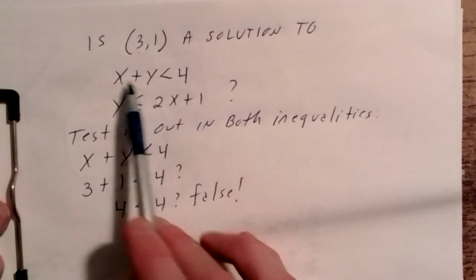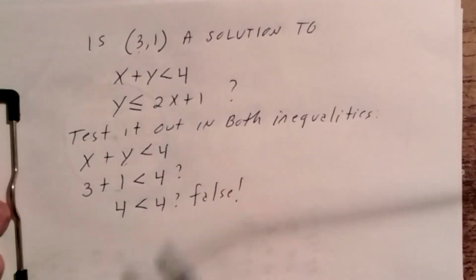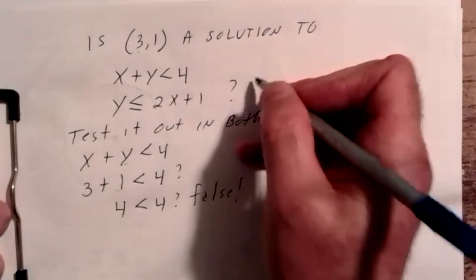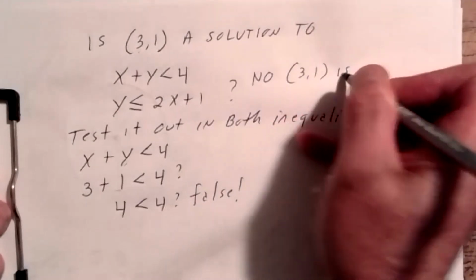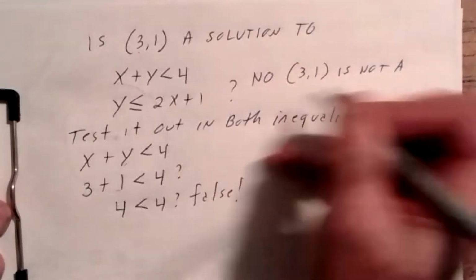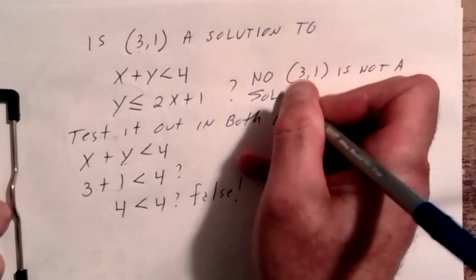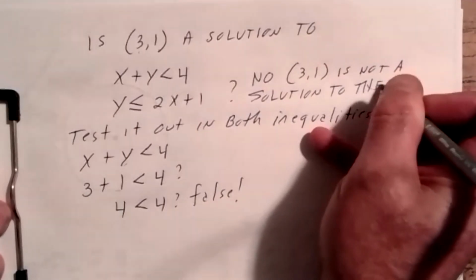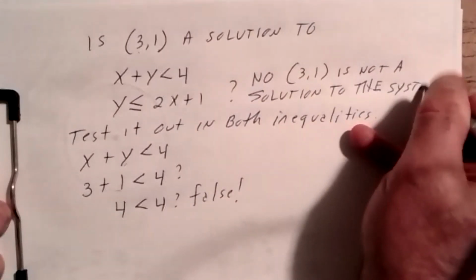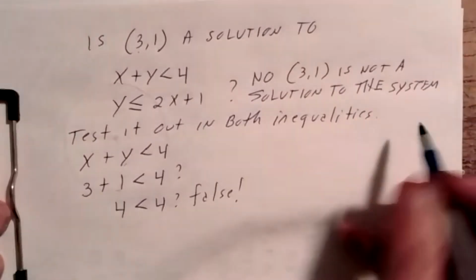It fails to satisfy the first one, and so the answer is no. 3, 1 is not a solution to the system. To be a solution, it has to satisfy both inequalities simultaneously.